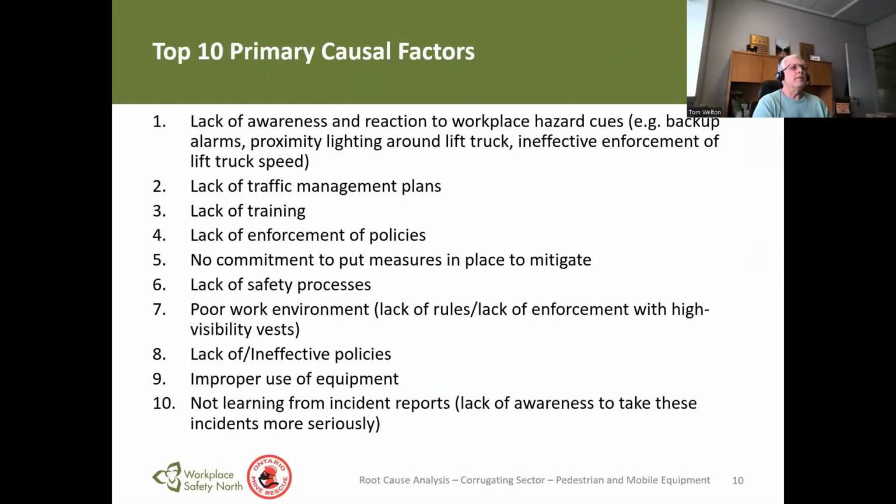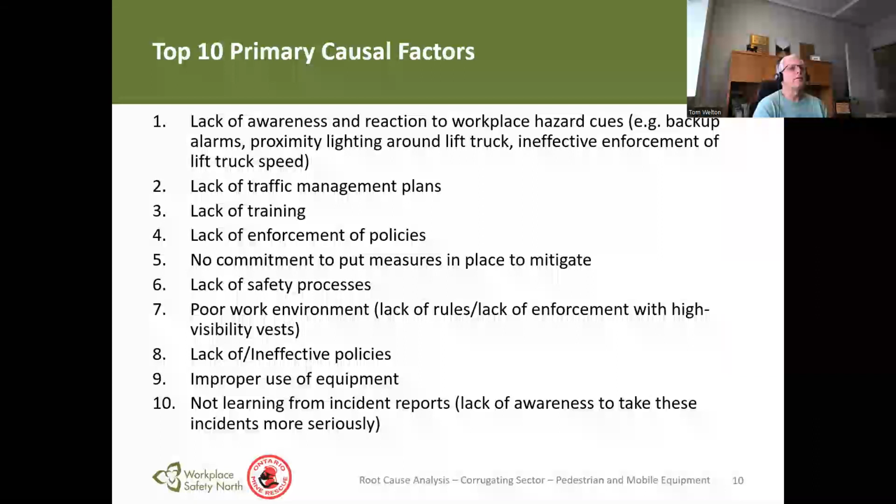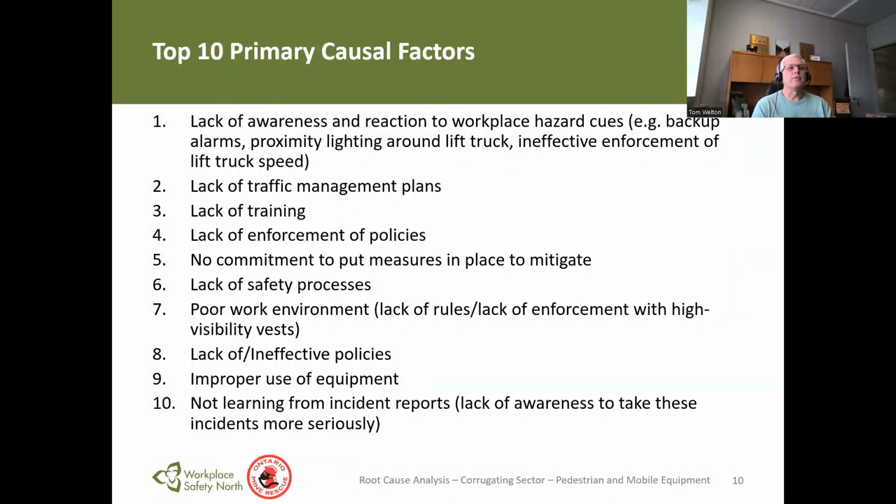These are the top 10 primary causal factors associated with pedestrian equipment interaction in the workplace. And the number 1 primary causal factor that was identified was lack of awareness or reaction to workplace cues.